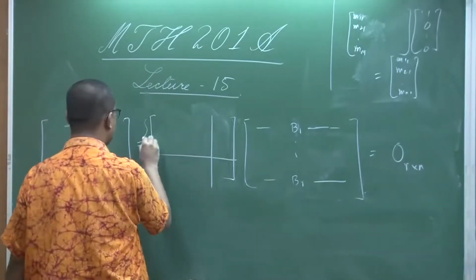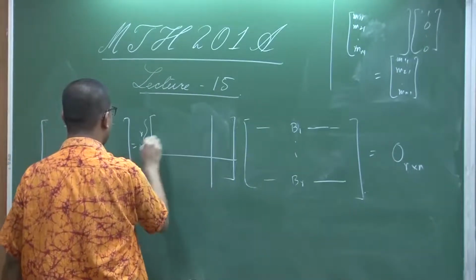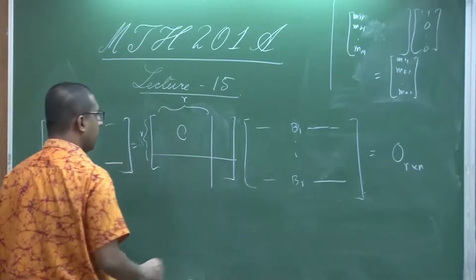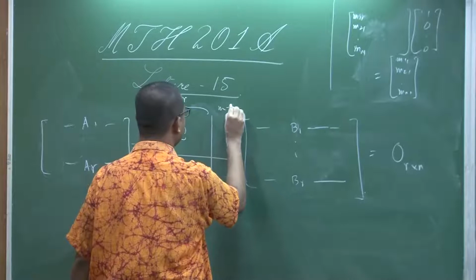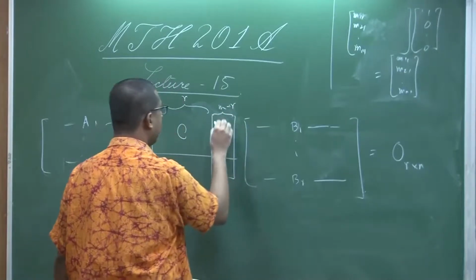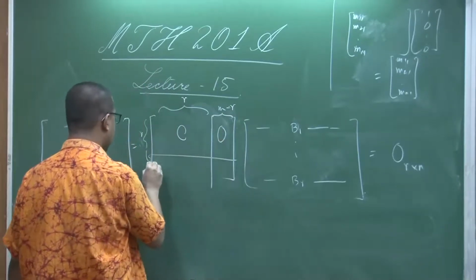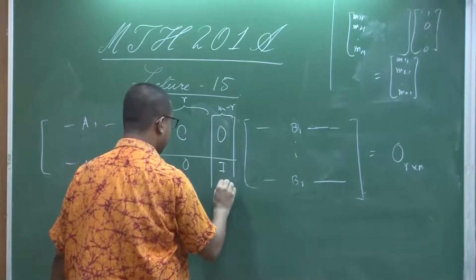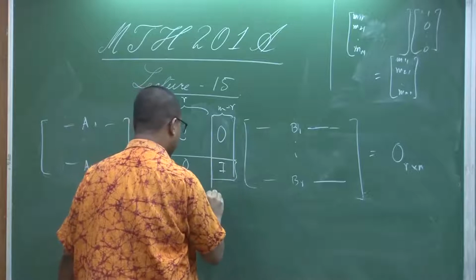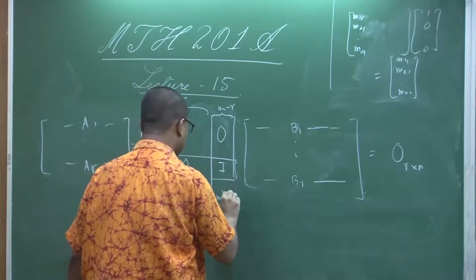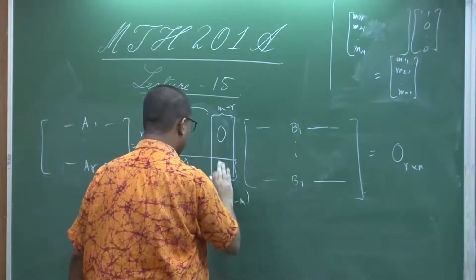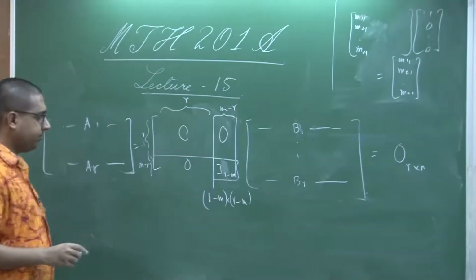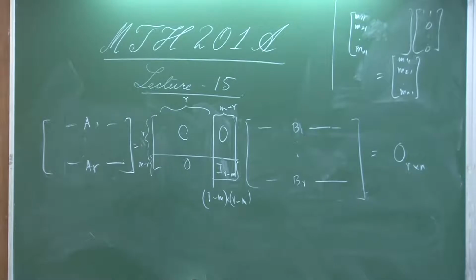In the first R cross R block you will have C. Now, you have m minus R. Here you put 0, similarly here you put 0, and in the last block of size m minus R cross m minus R, you just put the identity matrix.